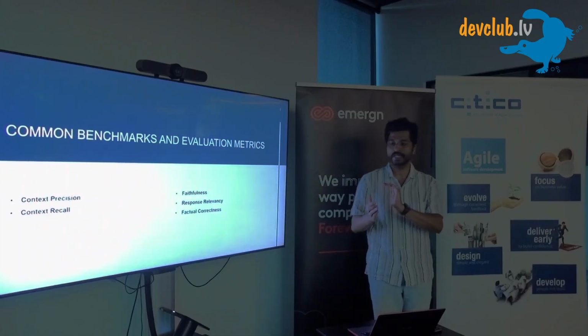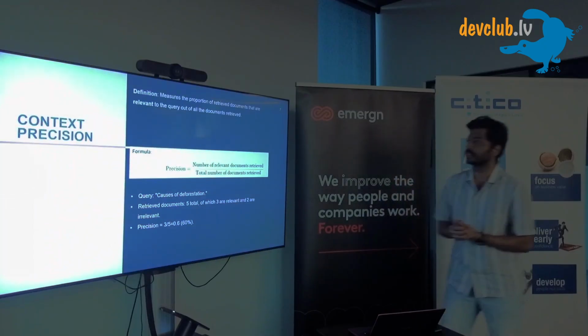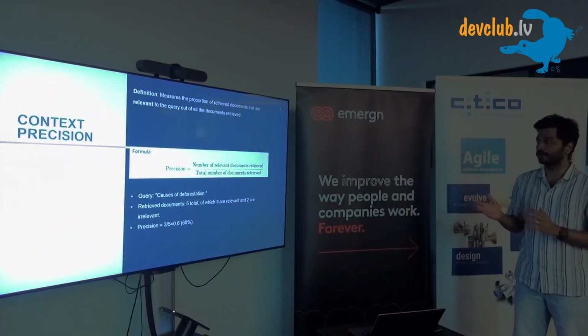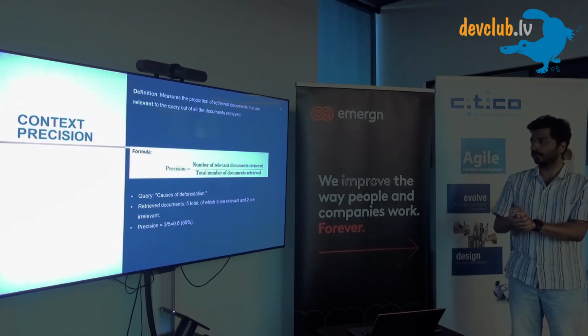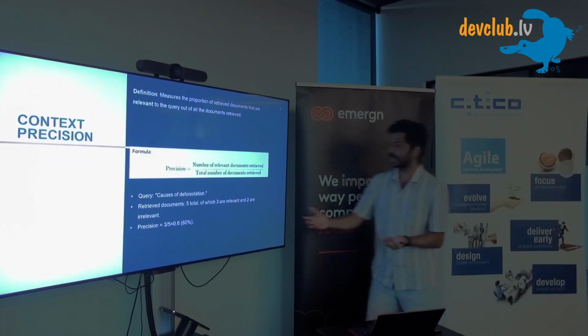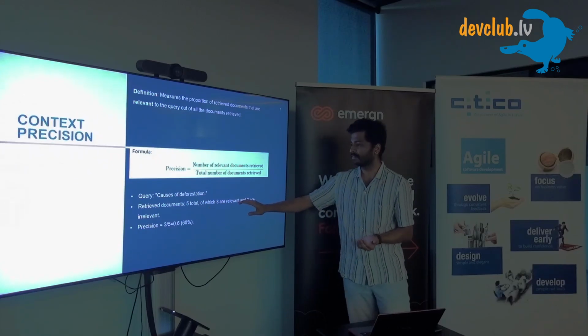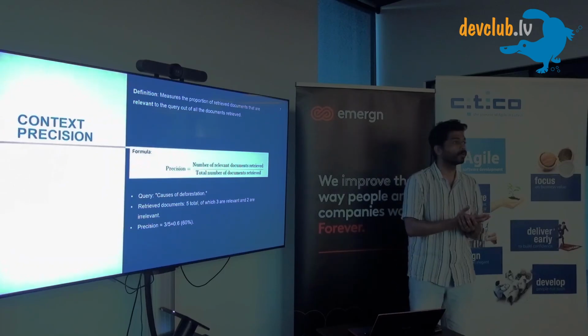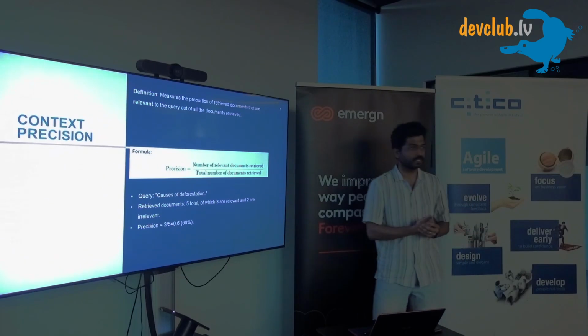So what is context precision, and how can we calculate it? We had a lot of documents. When we call the model, we got 5 documents, of which 3 are relevant and 2 were irrelevant, which means the precision was 60%.